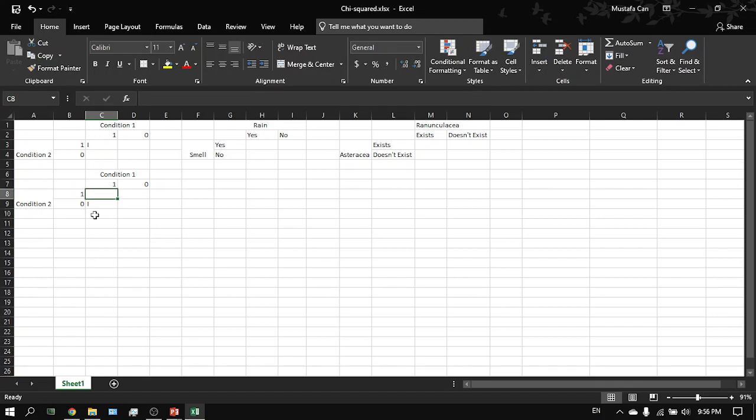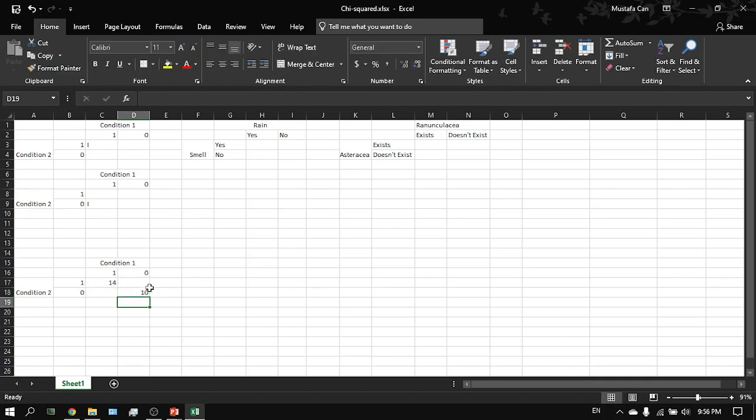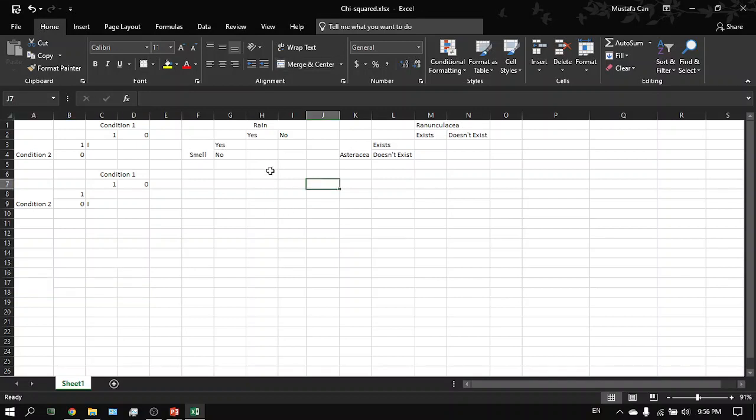Then you copy the table and remove the marks. You write, for example, that in 14 measurements it gave this one, in 10 measurements it gave that one. You add the frequencies and finally put them in the calculator that I will show later on.